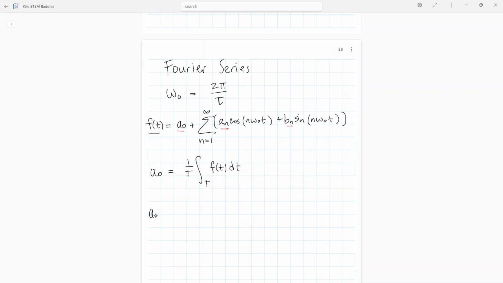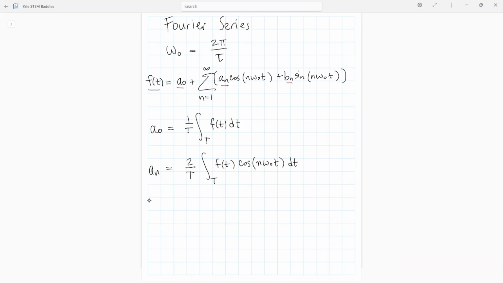And then based on orthogonality, you can use the following formulas to find these coefficients. The cosine coefficients can be found using the following formula. You take f of t, and then you multiply by the cosine of that term there. Perfect, so that's what you have to do to find those. And then similarly, the sine coefficients can be found in the exact same way.